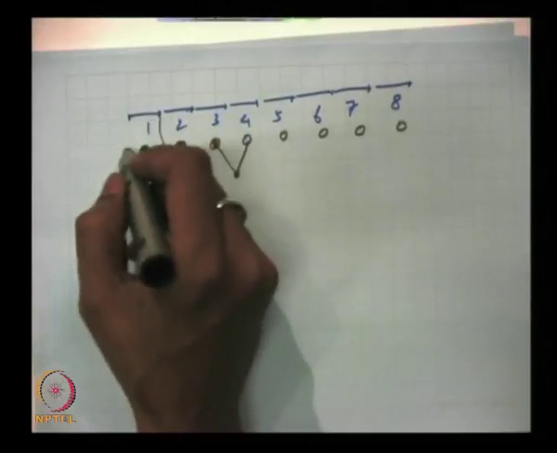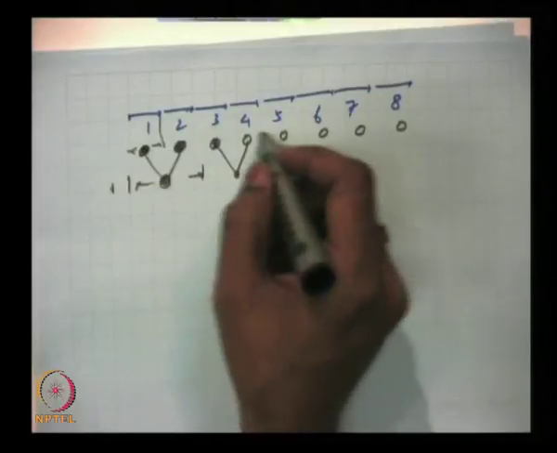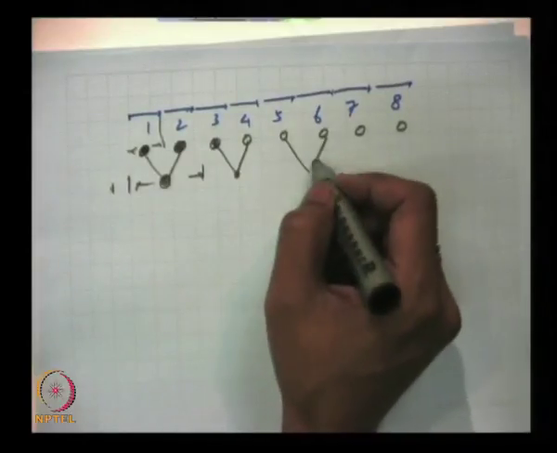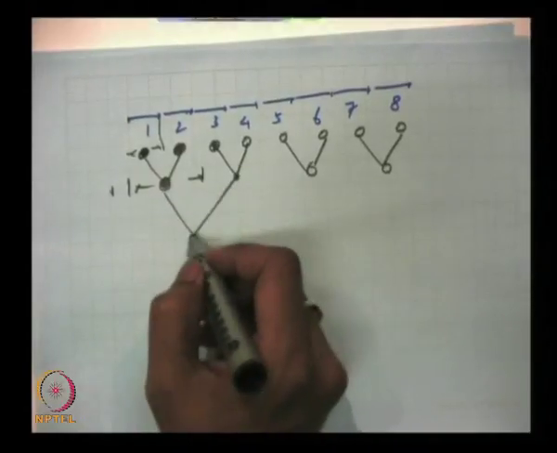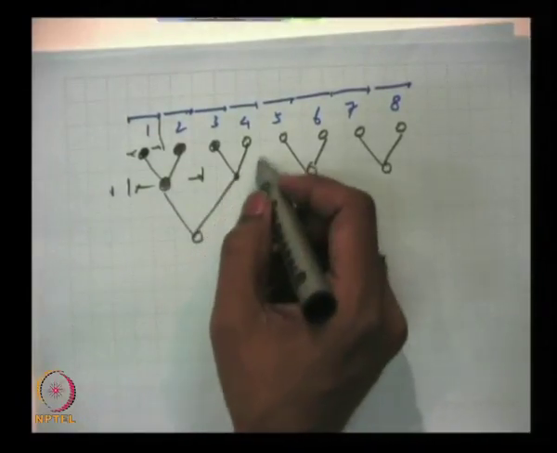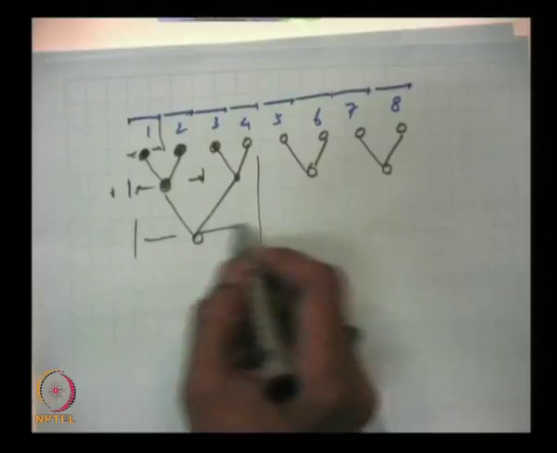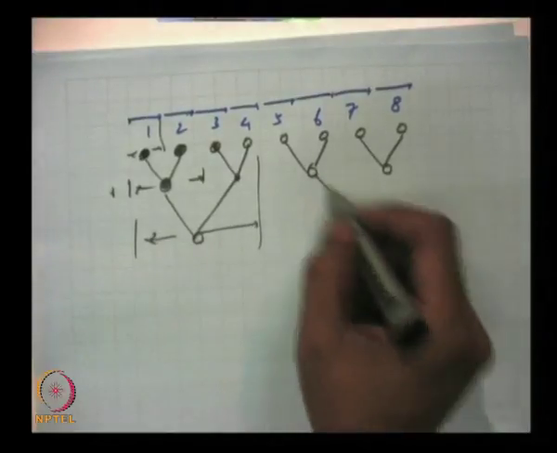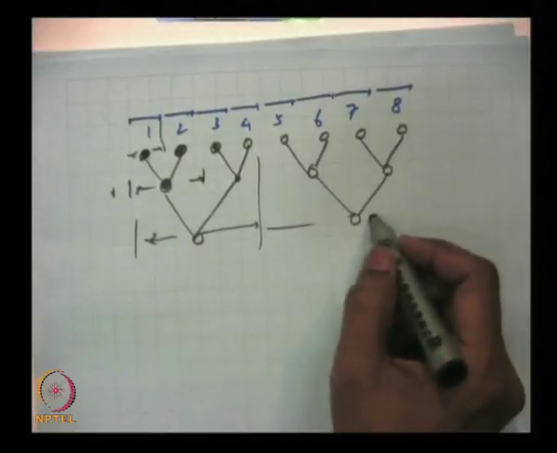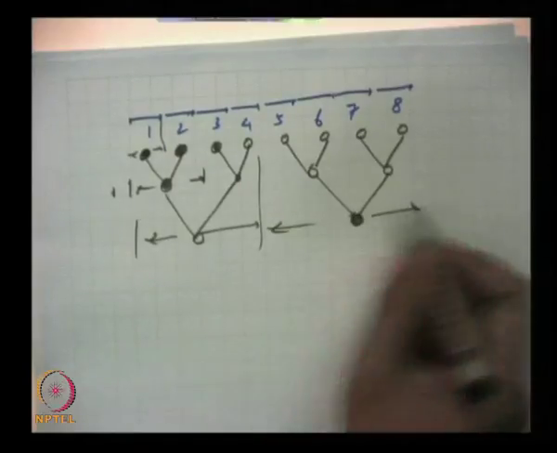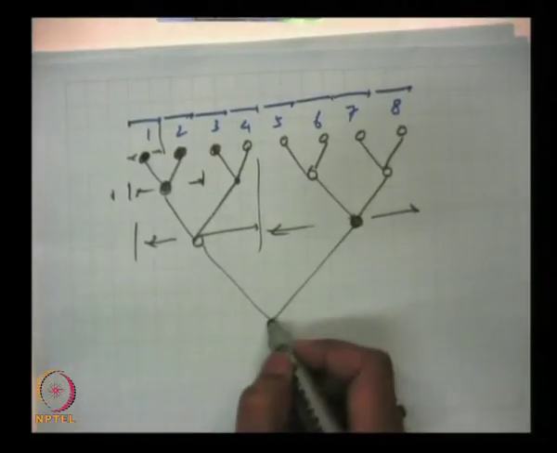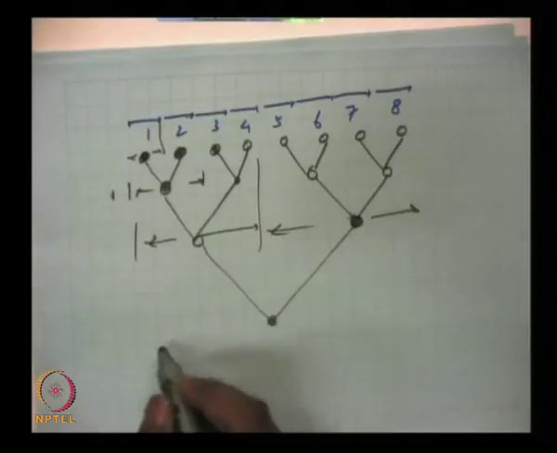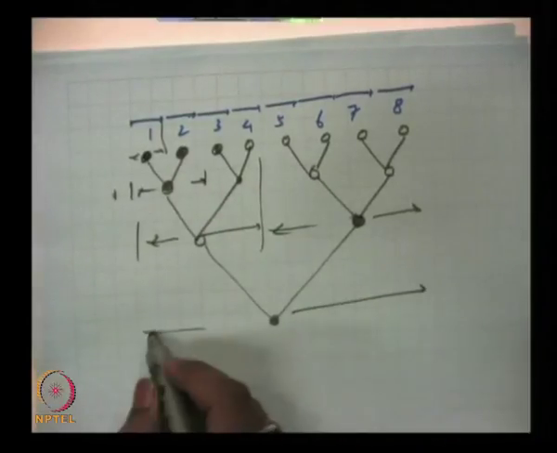This represents only this much. Similarly, for these things. Now, this one, the parent of these 2 nodes, will represent this entire interval. And of course, the root of the tree represents this entire interval.